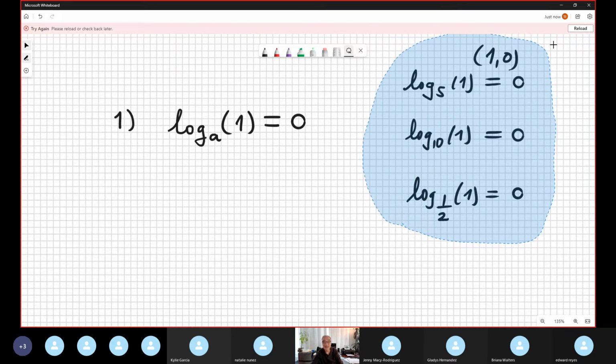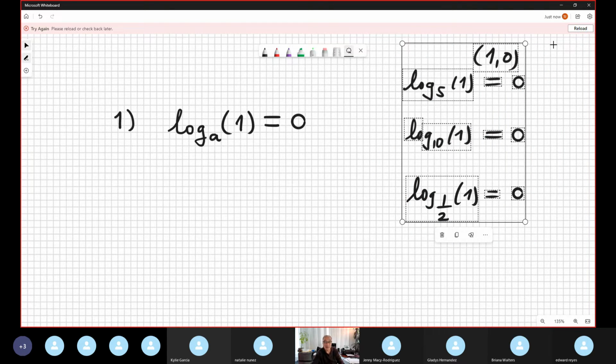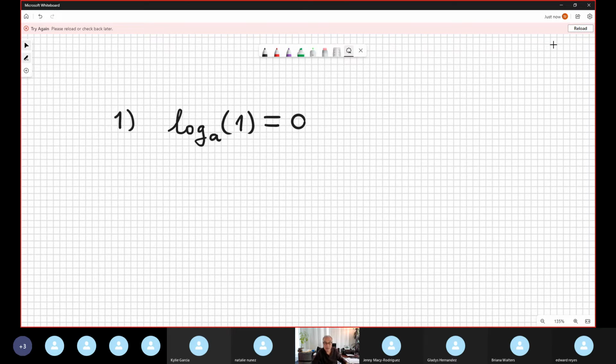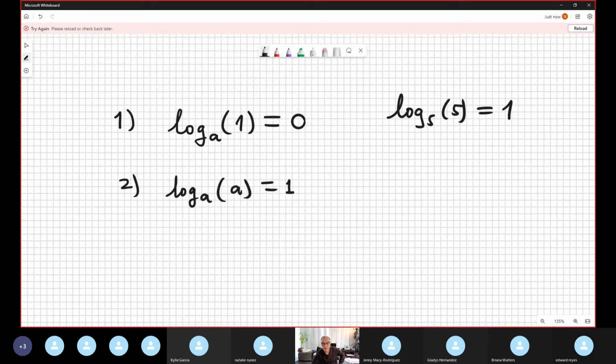Likewise, complementary property number 2 is that the logarithm of any base of the same number is 1. For example, logarithm base 5 of 5 is 1. Logarithm base 10 of 10 is 1.